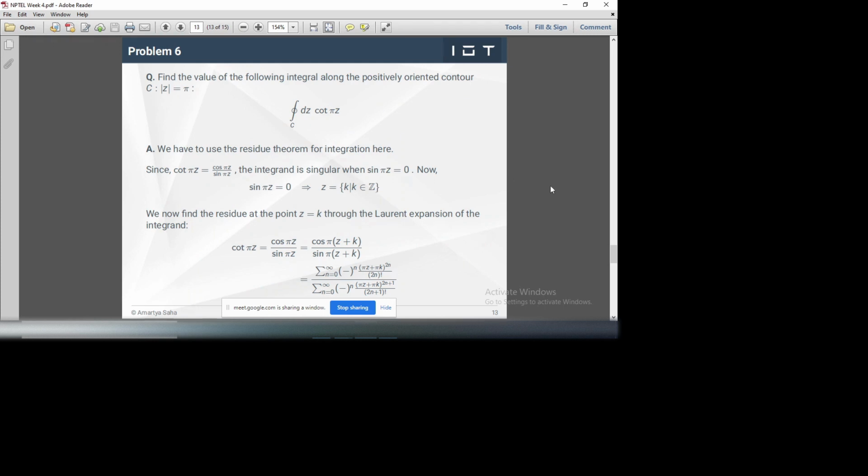So the points which lie inside the contour are z equal to 0, ±1, ±2, ±3, but not ±4 because π is less than 4. So we have 7 points of singularity that lie inside the contour.